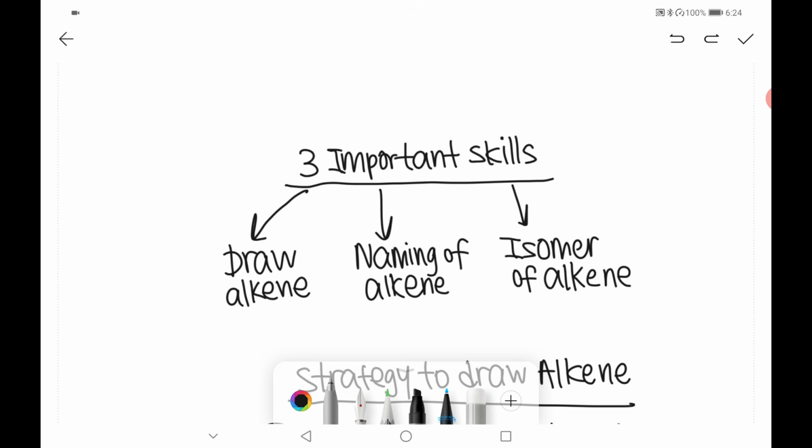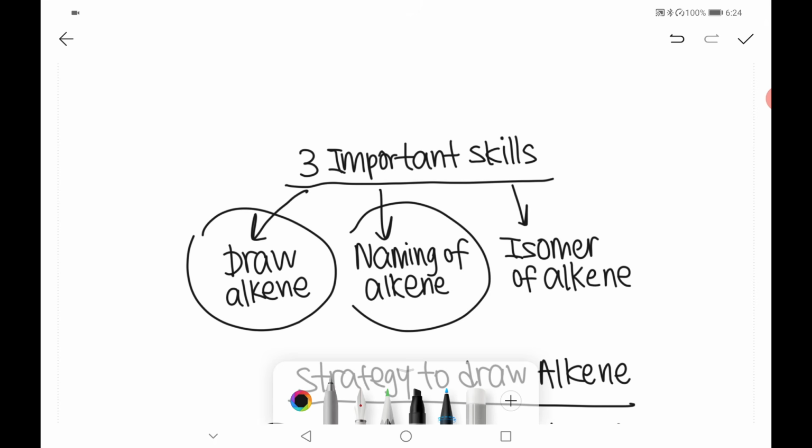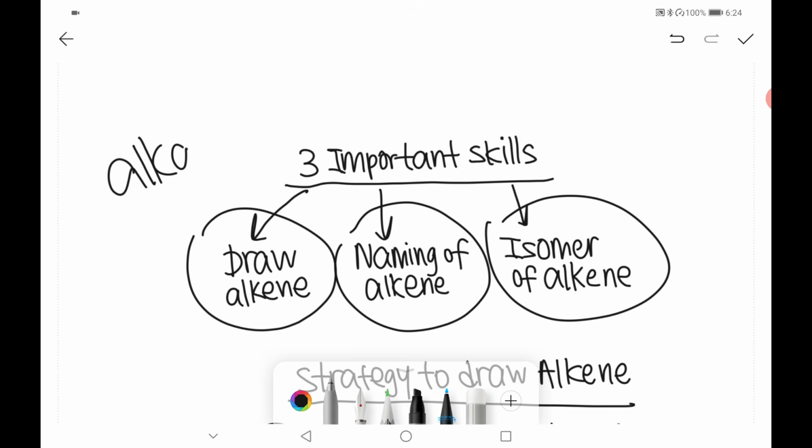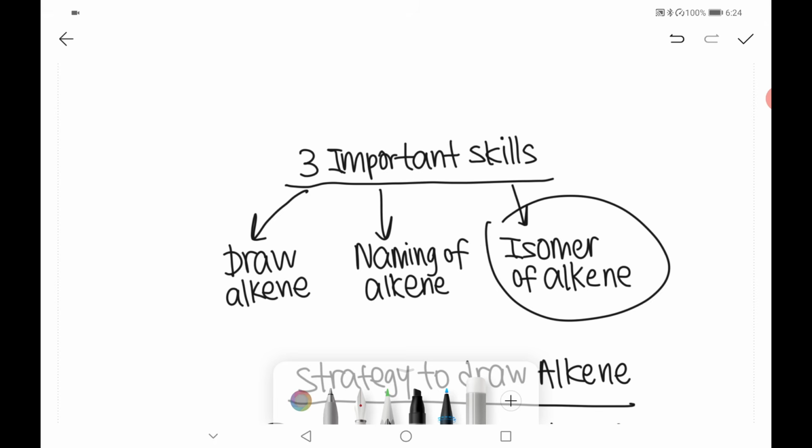Because if you don't know how to draw alkane, how to name alkane, or isomers for alkane, there is no way you can do it for alkene, because alkene is slightly more complicated than alkane. If you don't know alkane, you must revise back first. Then only you continue with your alkene.